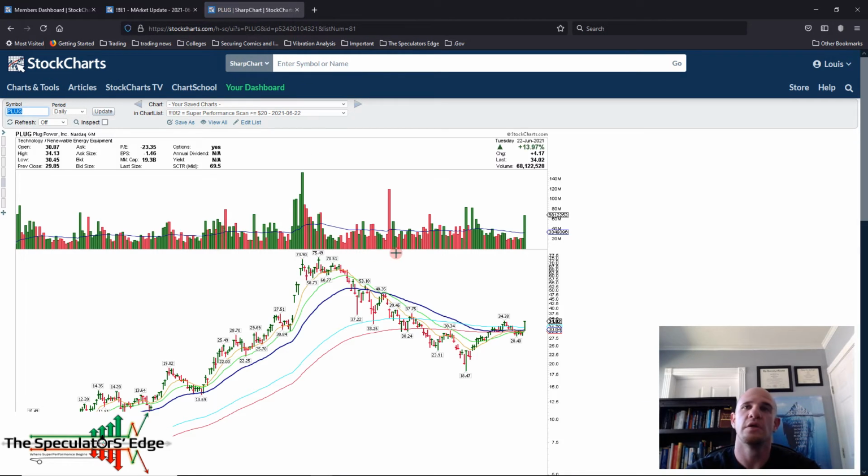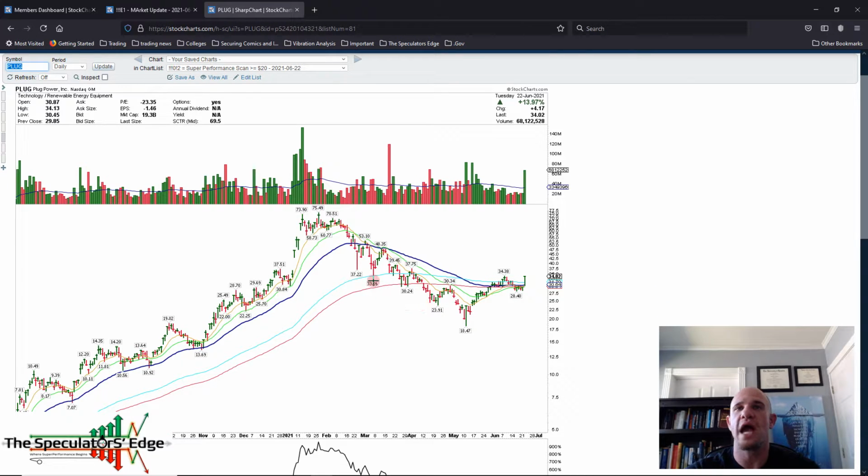But anyway, this one's coming back out of this base right here. This is a really deep base, but that doesn't really matter right now because this is putting in work. It's coming off that 50-day moving average with some heavy volume. You can see quite a bit of accumulation, or buying from institutions, down here.